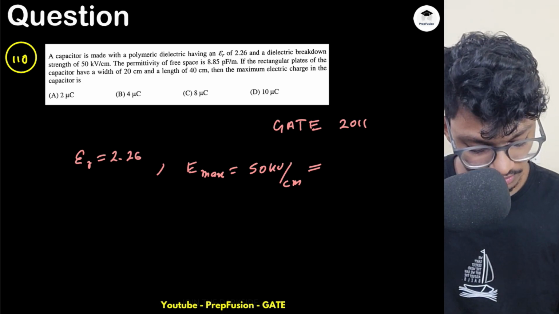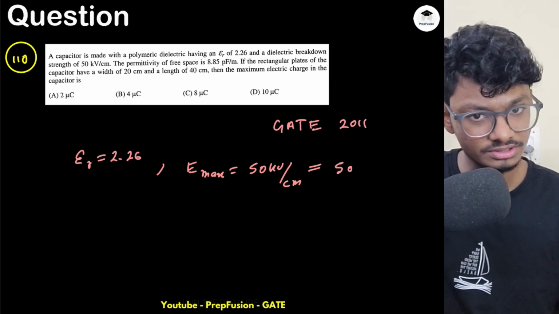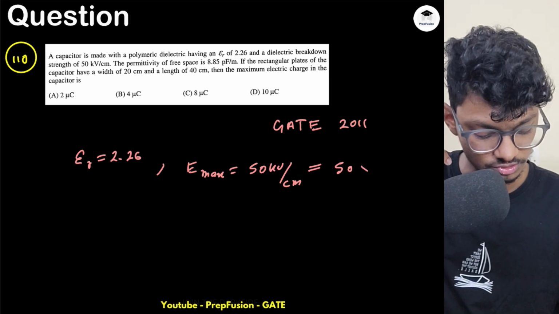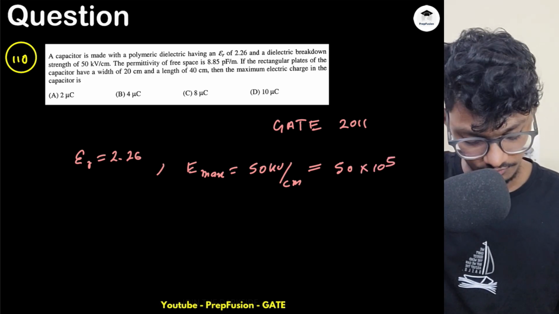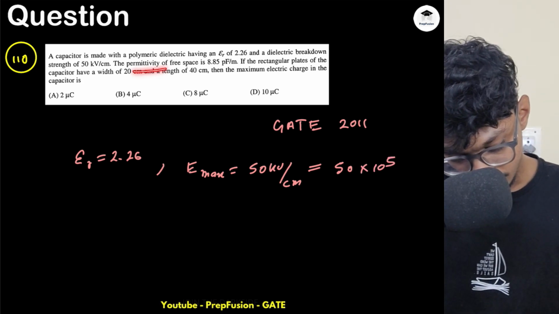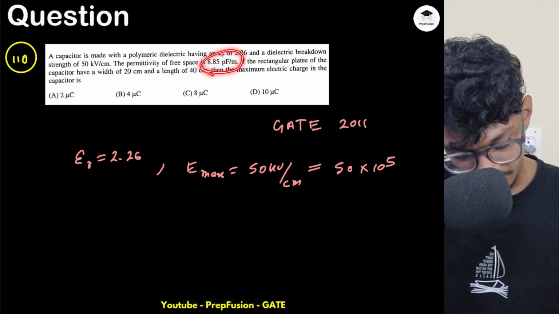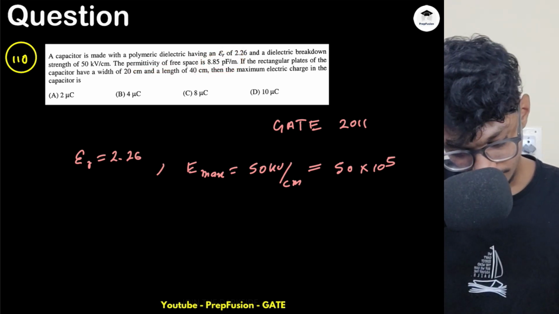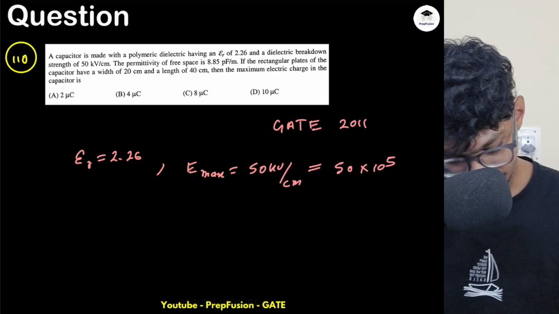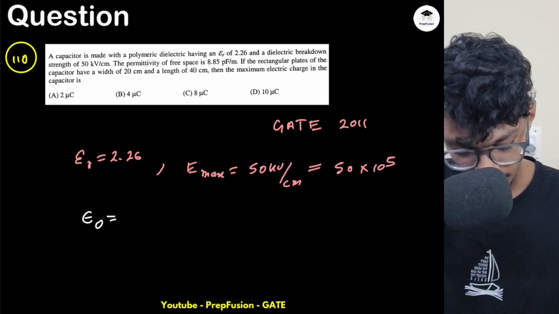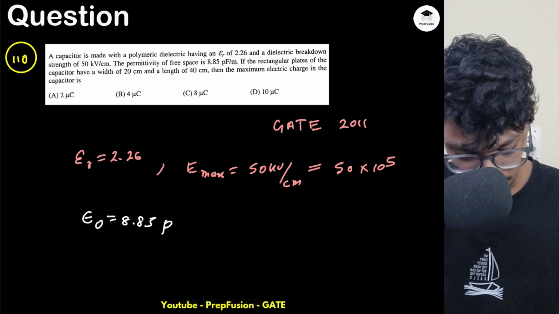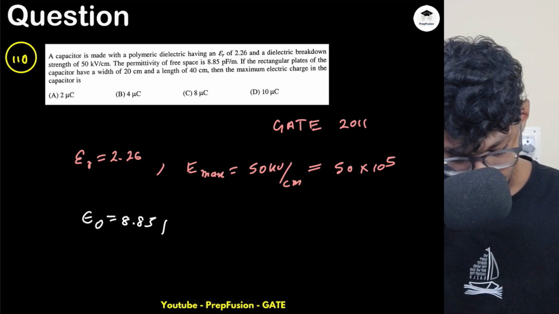So how will I write it? I will write 50 into 10 raised to power 3 for kilo, and divide by 10 raised to minus 2. So overall this becomes 10 raised to power 5. The permittivity of free space is 8.85 picofarad per meter. This we already know, this is epsilon naught, 8.85 picofarad per meter. This one we already know, right?